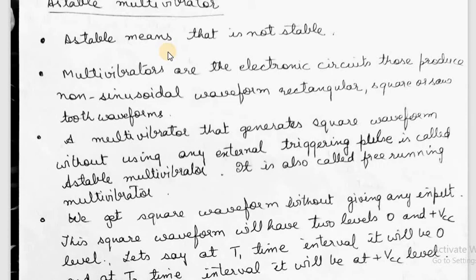That is, if the multivibrator comes into a stable state, then it will remain in that state and will change to the other state only when it is triggered. Quasi-state is a non-stable state, and after some time again the multivibrator switches to stable state. The third category is the bistable multivibrator.